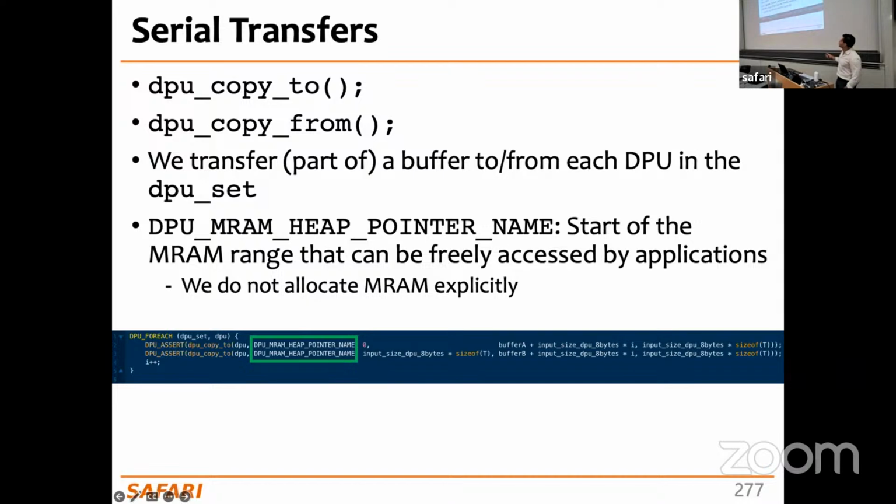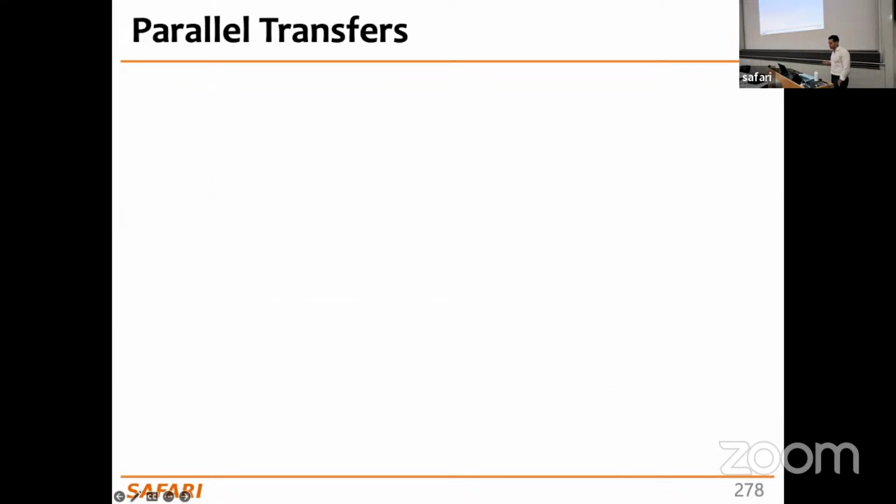The offset that you're going to point to in the MRAM, the pointer of the data that you want to copy in the host memory, and the size of the transfer that you're going to operate. So here we are copying two arrays, two buffers, A and B. This is a linear address space. So after you copy array A, array B is going to start after the array A finishes, and then you just pass that offset to the DPU copy to function.